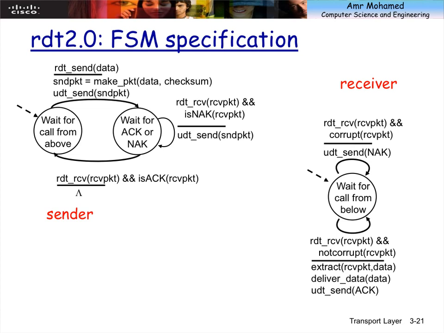Basically, wait for any data to arrive to the socket buffer. That's what it means. If there is any data arriving to the socket buffer, then I need to pick it up, and then I start to send it. When I send it, the assumption is that the channel may actually introduce certain errors, in which case I need to wait for acknowledgement or negative acknowledgement.